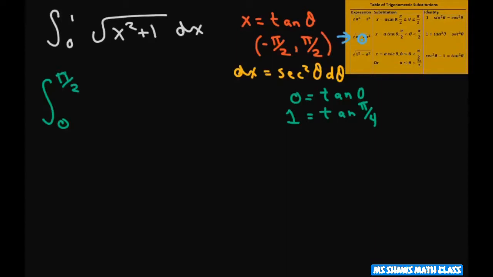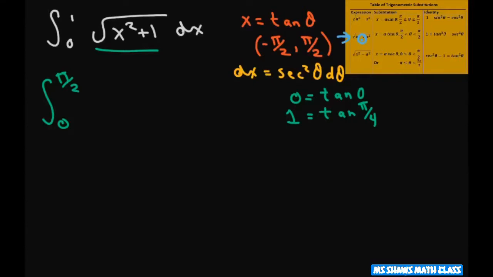And so we can substitute this right here. Well, let's deal with that. So basically, we have x squared plus 1, and that's going to give you secant.